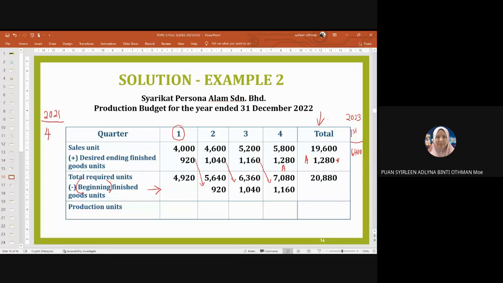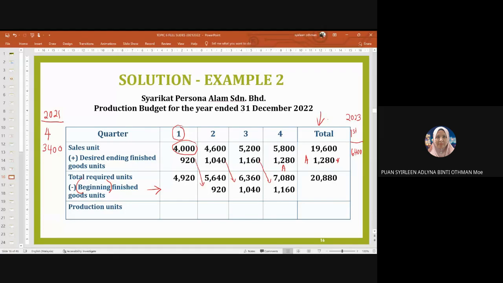Okay, so 4,000 minus 600. Yang ini ialah sales untuk 2021 quarter terakhir.